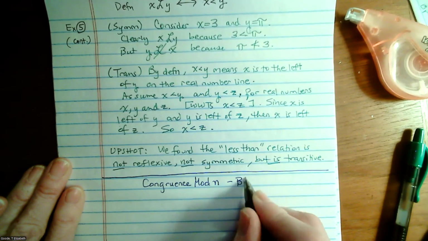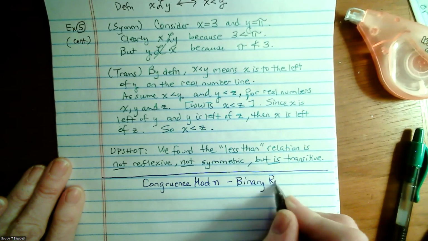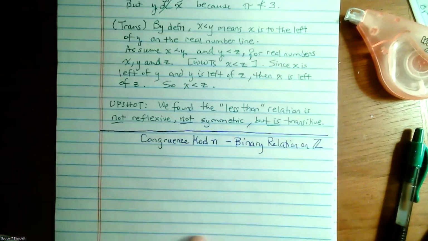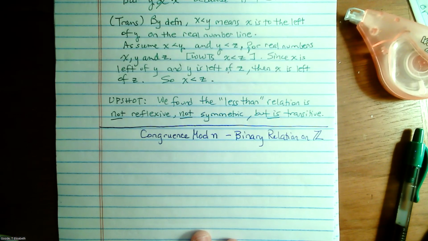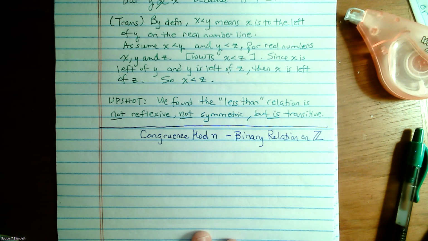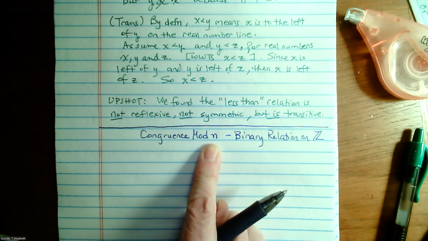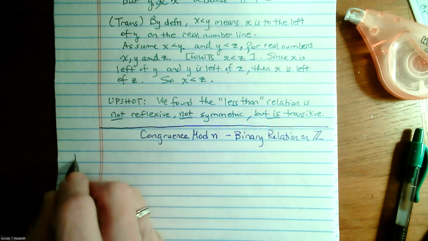It's a binary relation on Z. We have already played congruence mod 4 games this evening when we talked about two integers yielding the same remainder when divided by 4. In other words, 4 divides A minus B was what it meant for A and B to be related. That is the congruence mod 4 relation. But we can play this for any integer n that's greater than or equal to 2. So here's the definition.